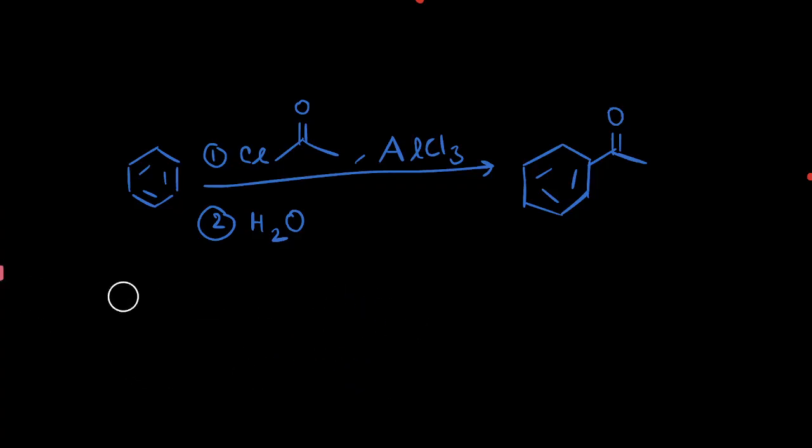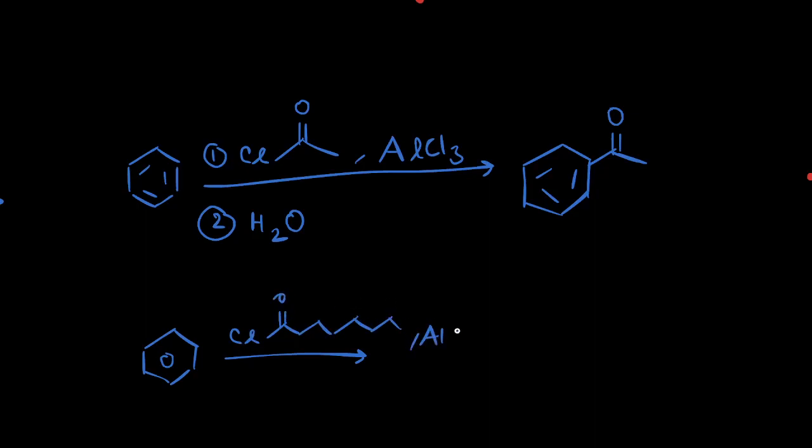So if we wanted to add this sort of group to a benzene, one way to do it would be through our Friedel-Crafts acylation. So again, we had our benzene here reacting with an even longer chain, for instance, like this, in our AlCl₃.